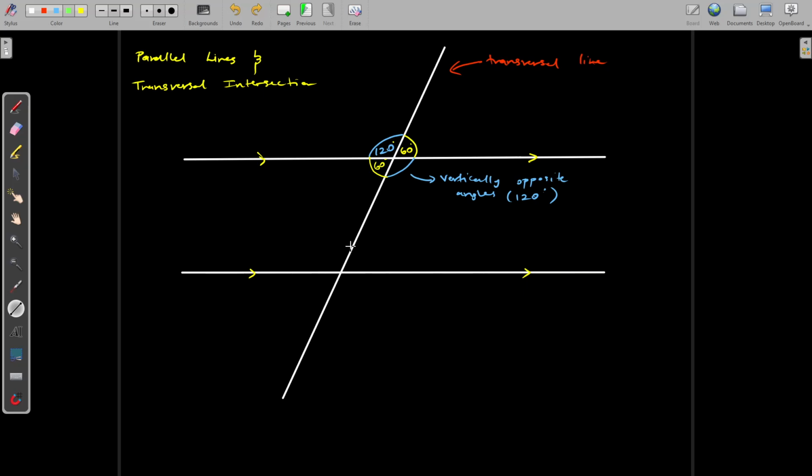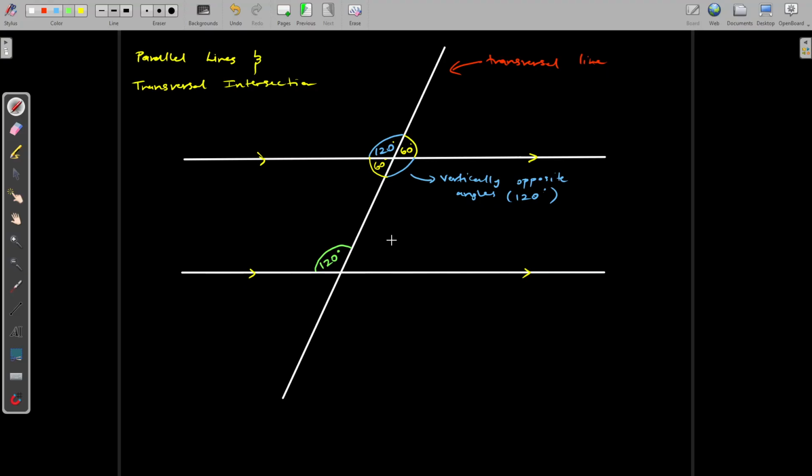this section. So if we highlight this angle here, what would this angle be? 120. And what's the reason? It could be Z angles or opposing.